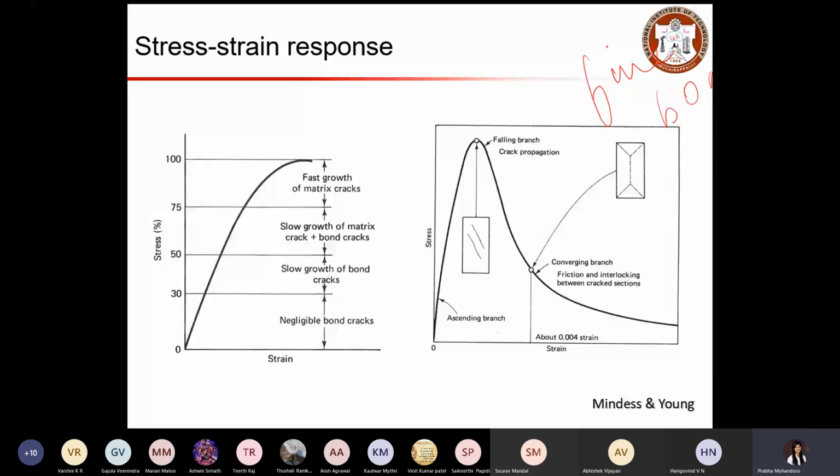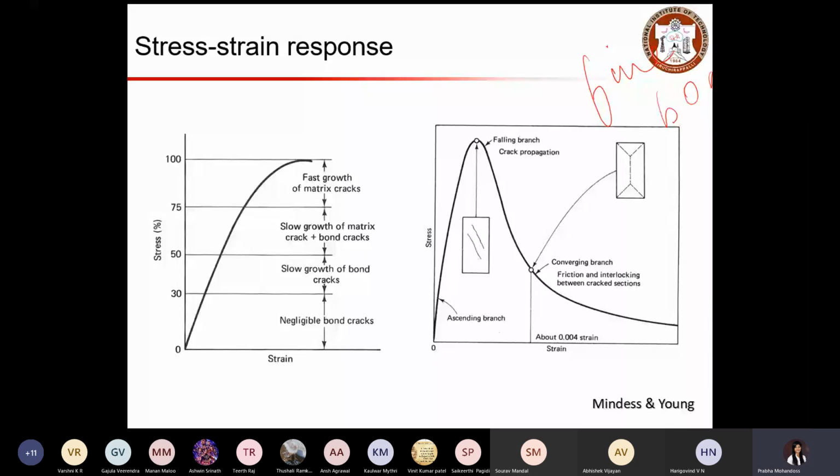So once the stress level increases beyond 30%, these cracks will slowly grow. That slow growth of bond cracks connects the cracks, and then your crack length will increase, and the number of cracks will also increase at that point. And with further increasing load, you can see slow growth of matrix crack plus bond crack.